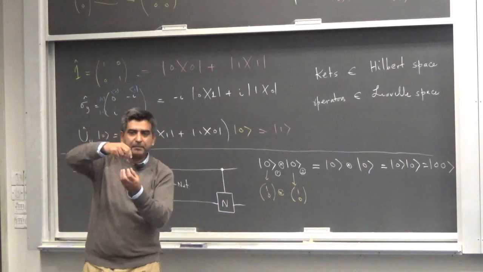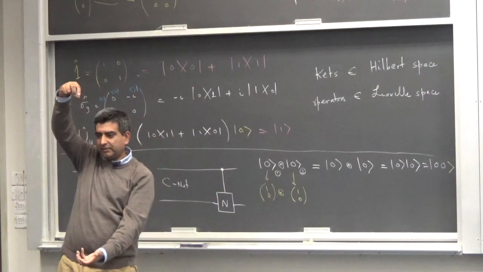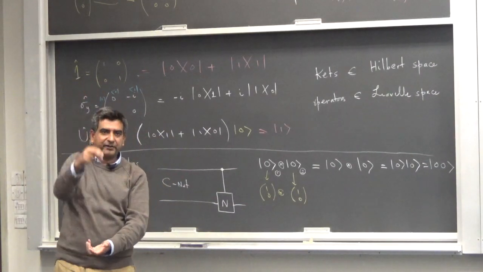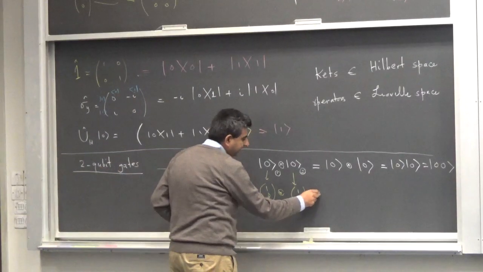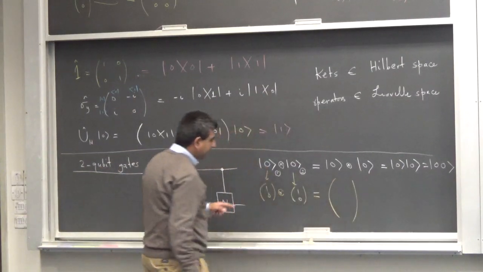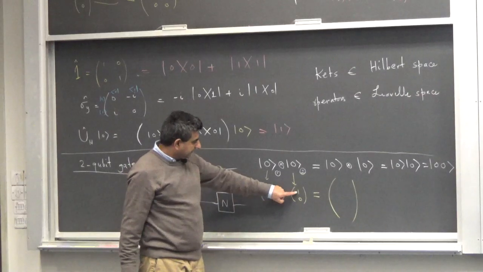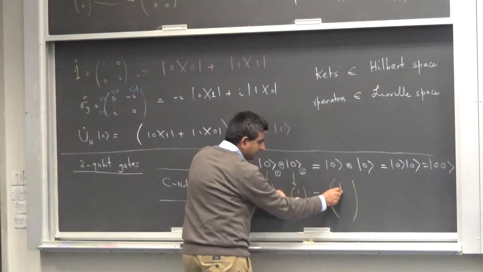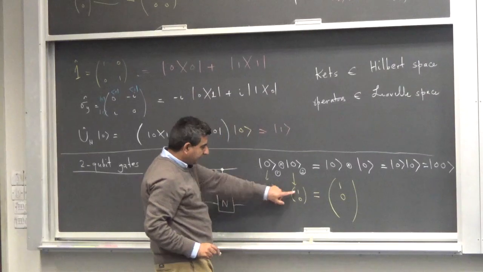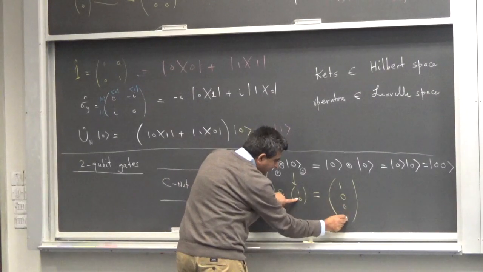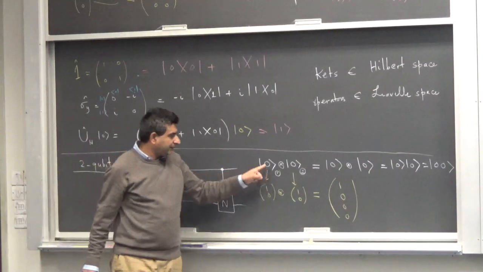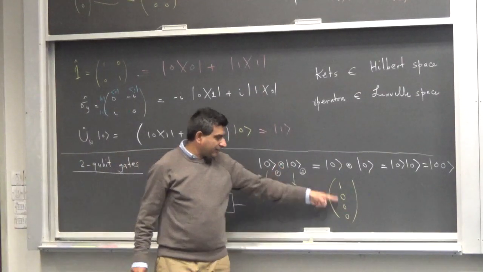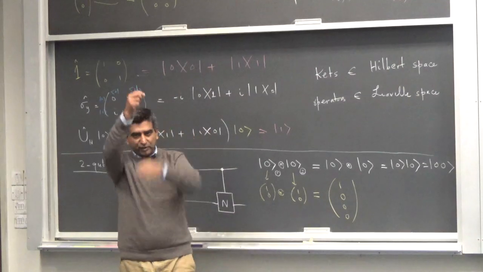First of all, I will make a bigger column vector. That column vector will now have 4 entries instead of 2. And if I just do this tensor product, this is the method to do that. You take 1, multiply this with 1 and 0. Then I take 0 and multiply it with the same things in the same order. So ket 0, 0 will be represented by this kind of column vector.